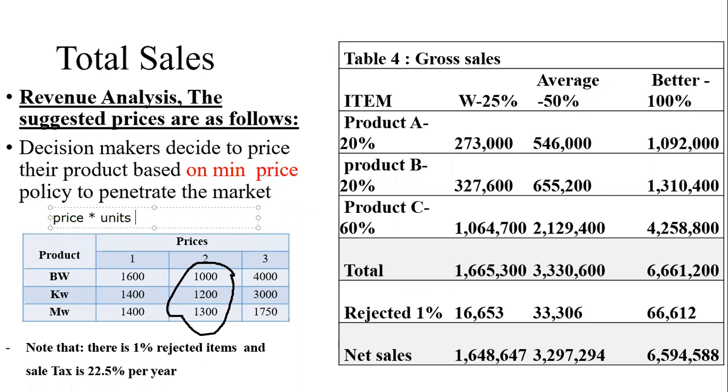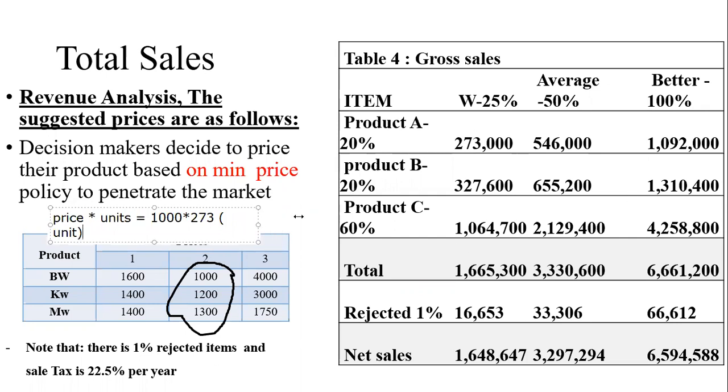What is the price? This is the given price. So let's say, for example, if I stop here and go back again to the prices, I will use this 1,000 times the 273. From where I got this 273, this is the units in the demand forecasting table. So it is a price times units. It will give me the first data.